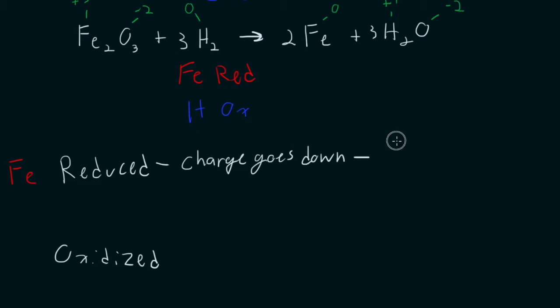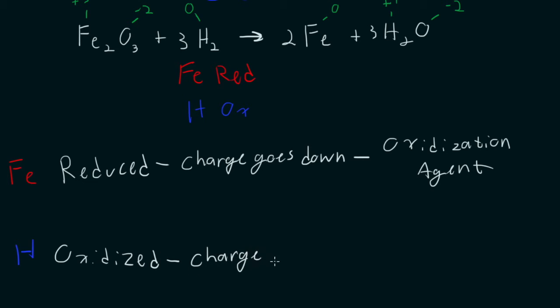And so we say the iron acted as our oxidizing agent. Likewise, the hydrogen was oxidized, right? That meant its charge increased. And so the hydrogen is what reduced the iron. So the hydrogen is the reducing agent.